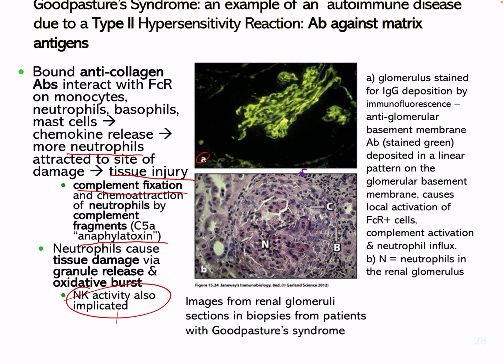We can see anti-glomerular basement membrane antibody in green, deposited in a linear pattern on the glomerular basement membrane, causing local activation of the Fc positive cells with complement fixation and neutrophil influx. Here we can see N is neutrophils on the glomerulus. Again, we can have a lot of damage, and again, it can be quite fatal.